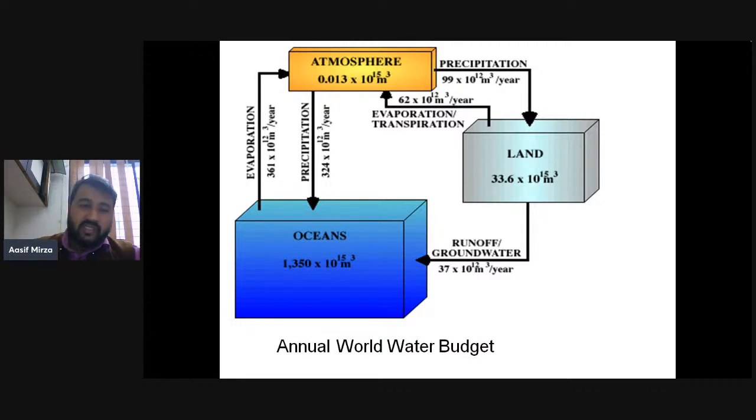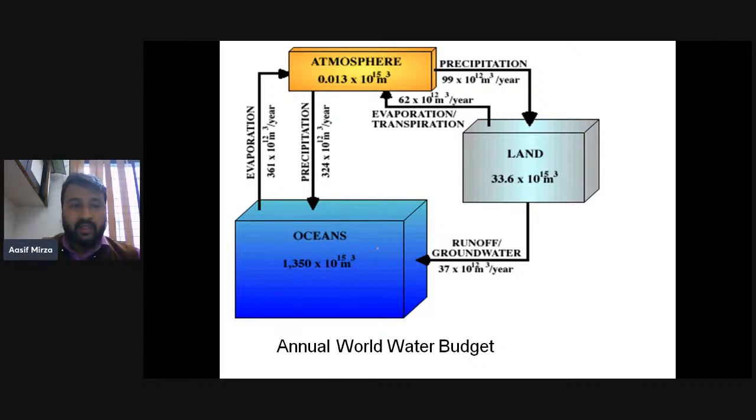Okay. So you can see here, this is the graphical representation of the water which is present in three conditions, or we can say locations. So oceans have 1350 into 10 raised to the power 15 meter cube of water.